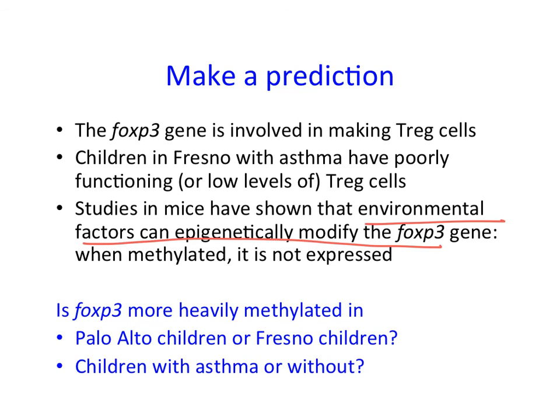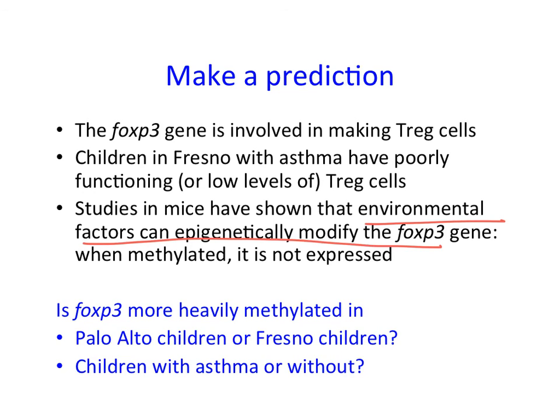Yeah, so then somehow there's a connection potentially between exposure to toxins, air pollution, and the methylation of the FOXP3 gene. So we talked two classes ago about how methylation of a promoter can prevent transcription by blocking transcription factors from binding to the promoter and turning on transcription.